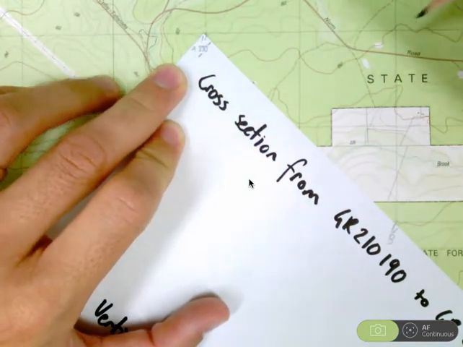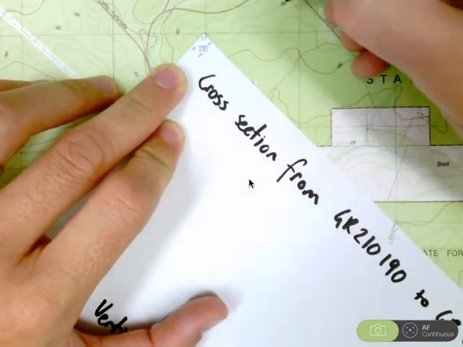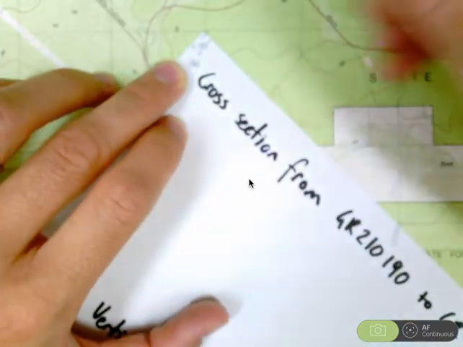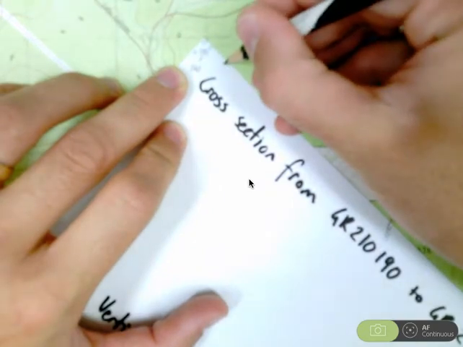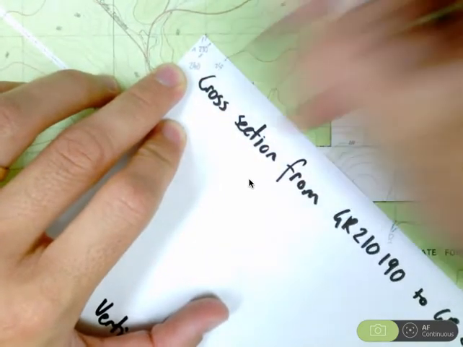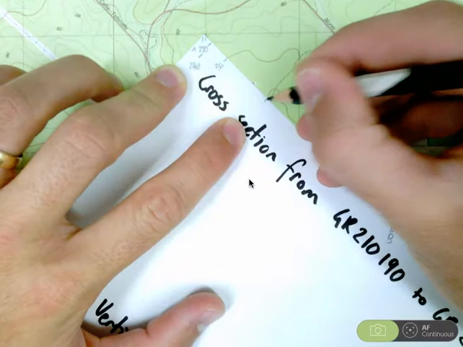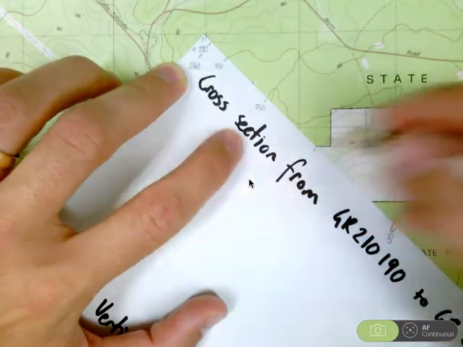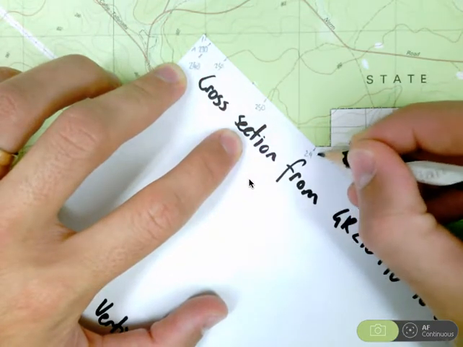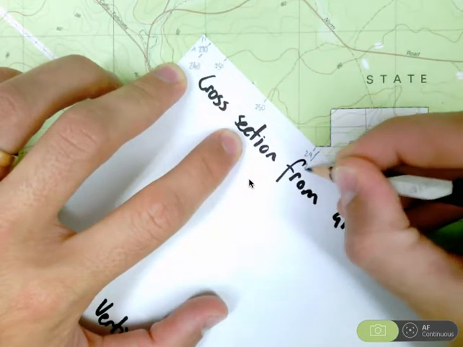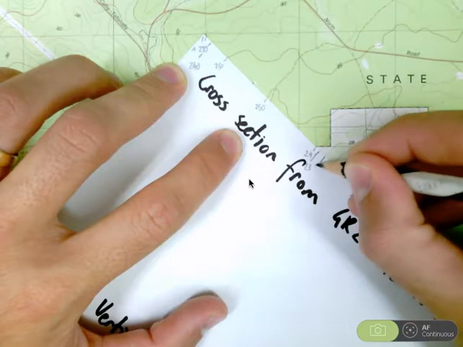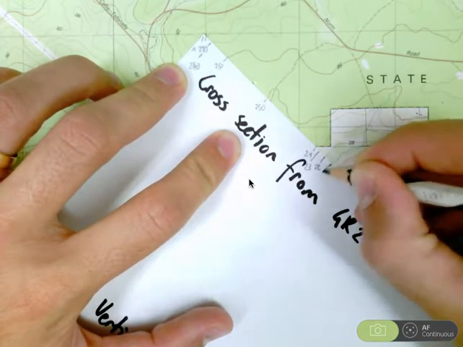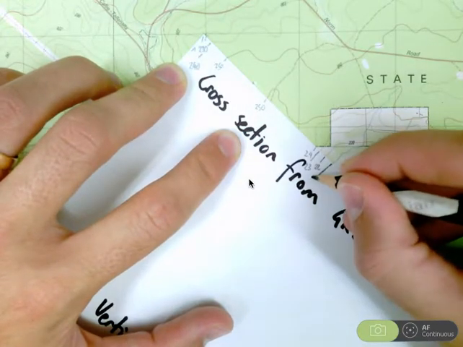This one here, this is a 10 meter interval, so this will be 240, 250, again 250. Now we're going back down the slope, 240, 230, down to 220. Always marking where you have creeks or water sources, very important.